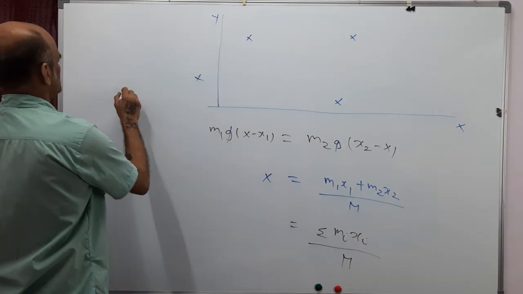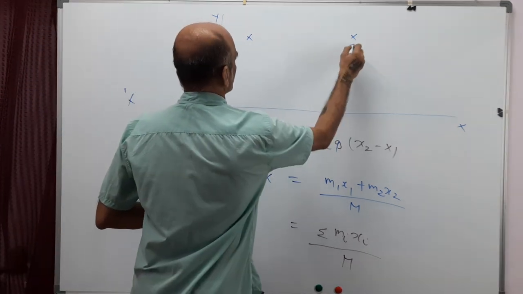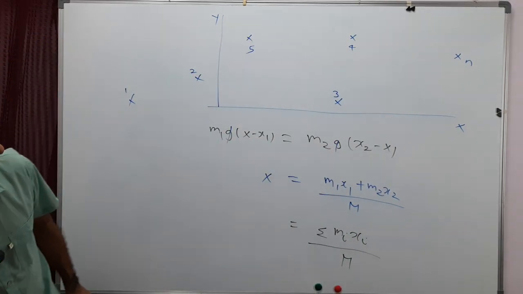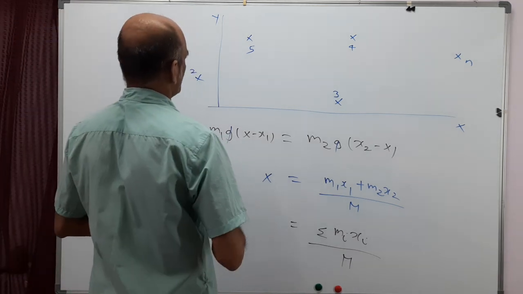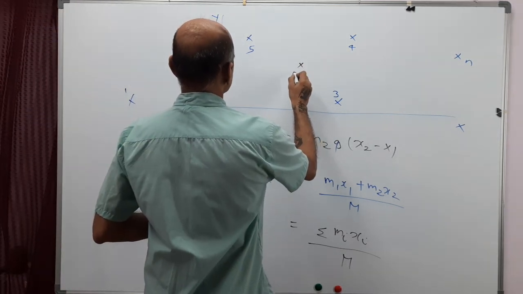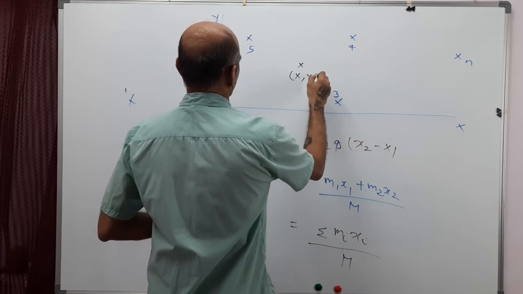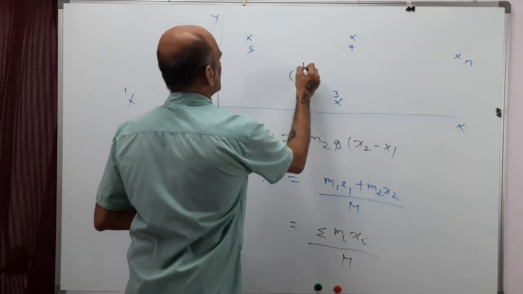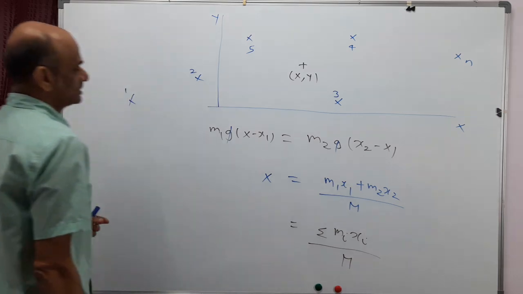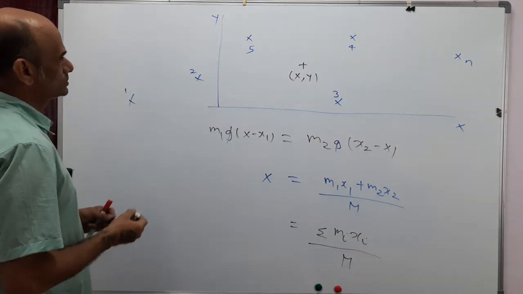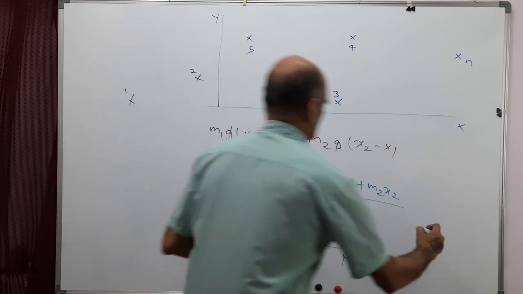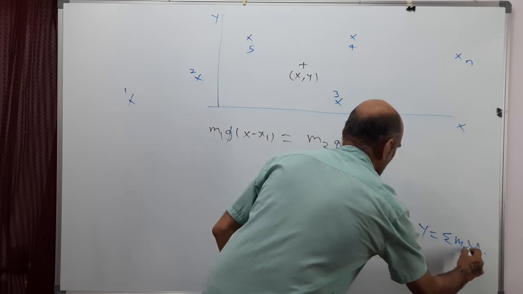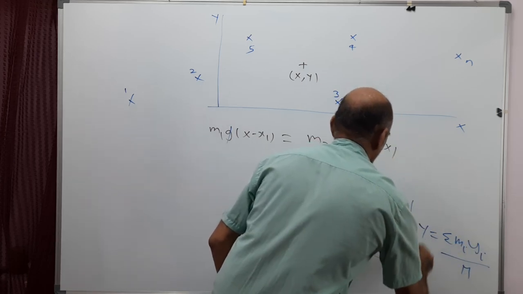So all these masses, 1, 2, 3, 4, 5, and the nth mass somewhere here, are placed in the xy plane, and the center of mass will be here with coordinates X, Y. X is given by the same formula, and Y of the center of mass is given by a similar formula, Y equal to summation of yi's with the weightage of the mass to the total mass.